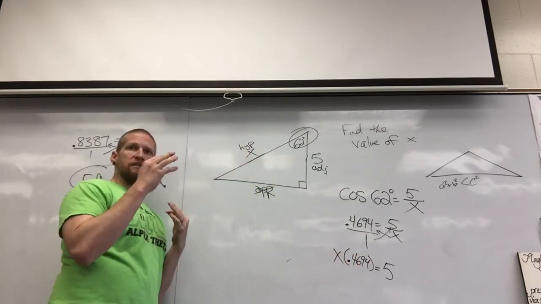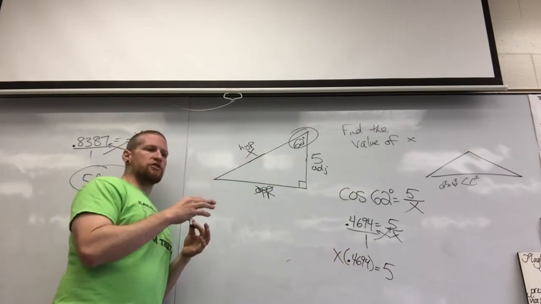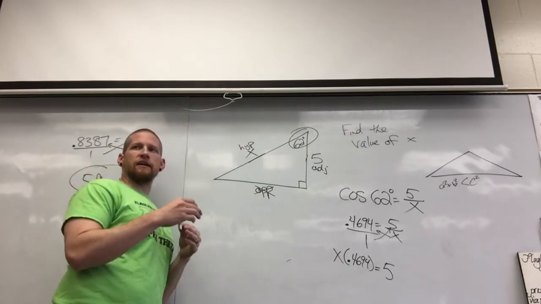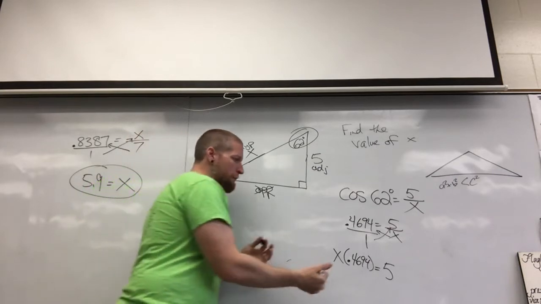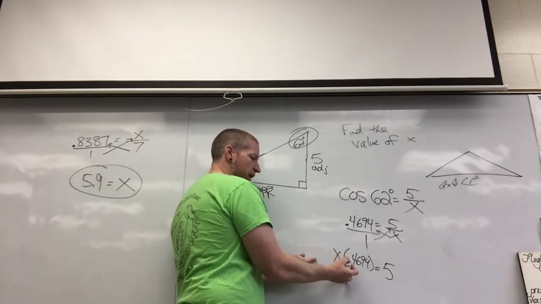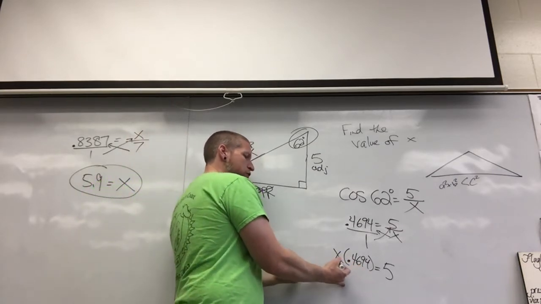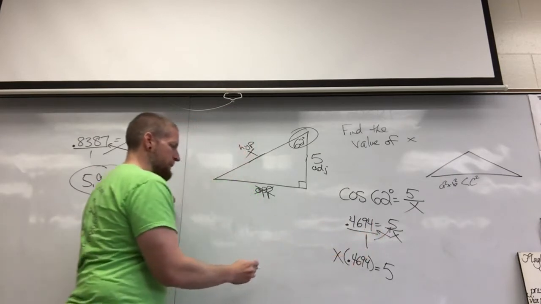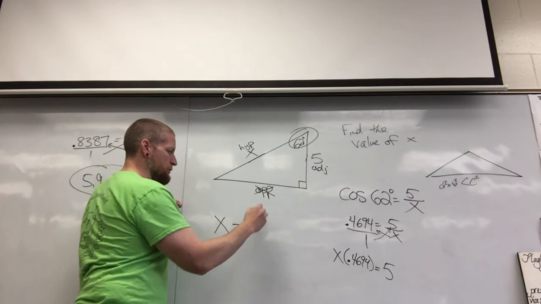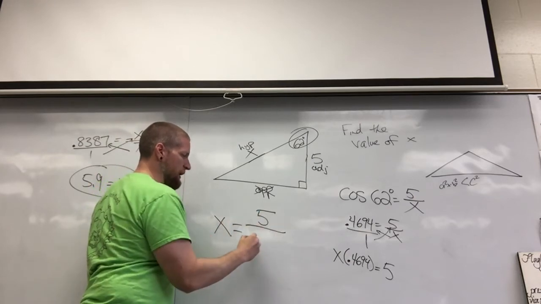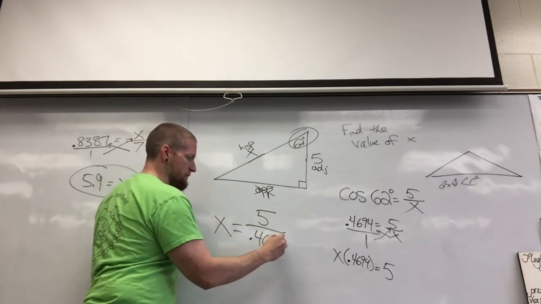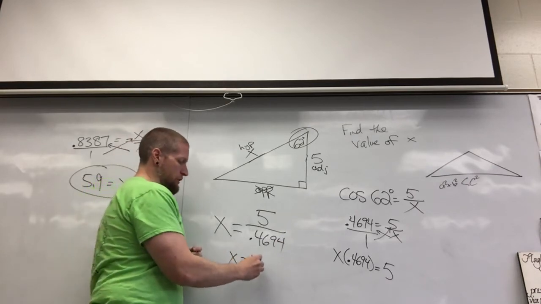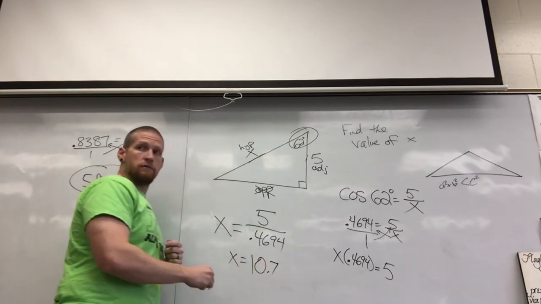I'm saying do that step so you'll remember you've got x times a number. If you've got x times something, to move it to the other side, you have to divide. So this would become x equals 5 divided by 0.4694, which is about 10.65.